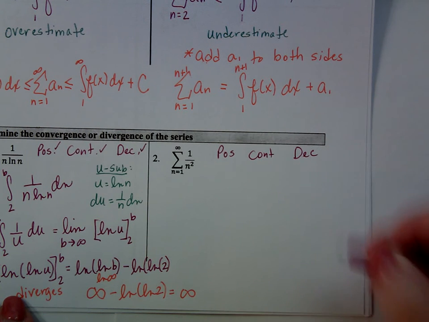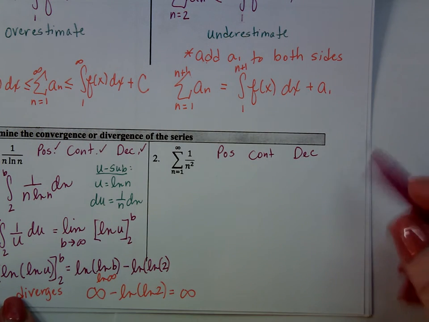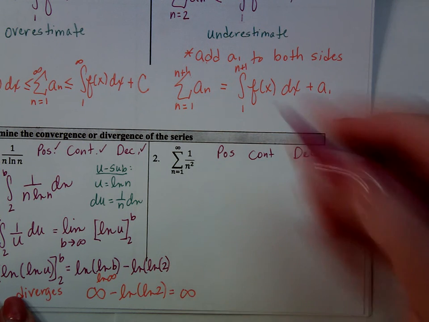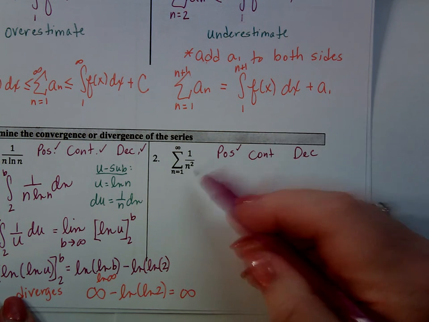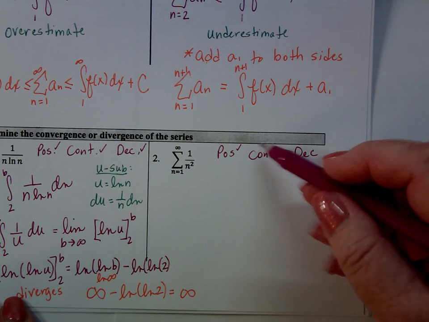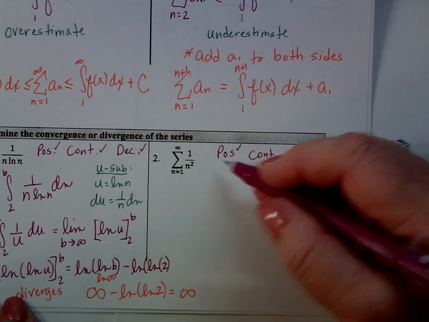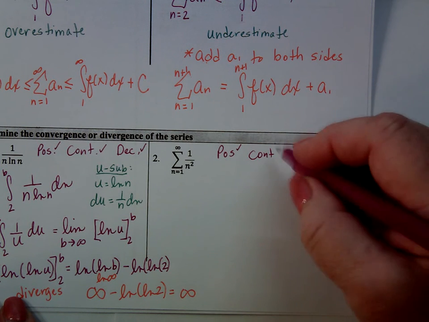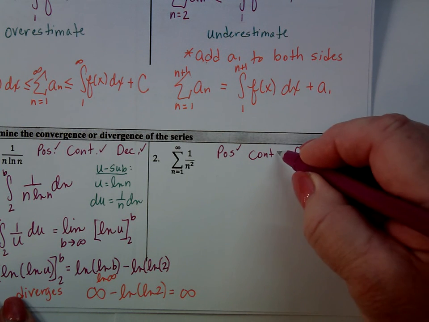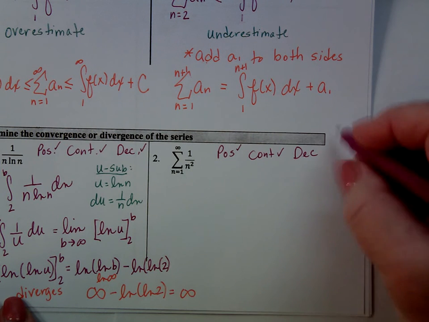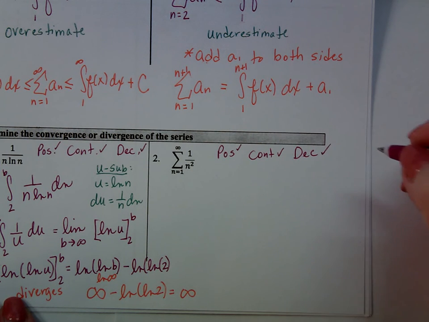And so if I'm looking at this, 1 over n squared, it is always positive. It's never going to hit 0 or be negative because you've got a squared value there. Is it continuous? It's like the 1 over x graph, except both parts are on the positive side. Is it continuous? Yeah. Is it decreasing? Is my denominator getting bigger and my numerator staying small? And you say, yep. So there you go. It's got all the criteria.